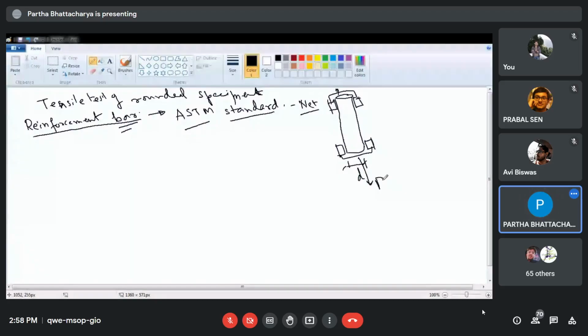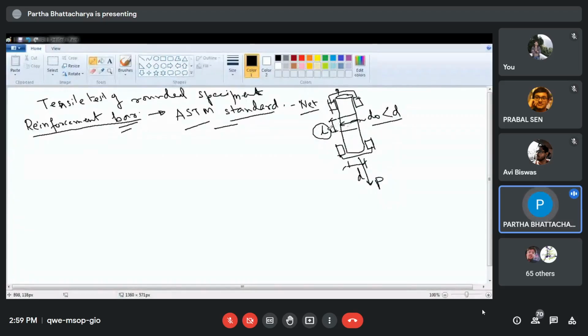Now, in this particular specimen, there is a particular section. Suppose this section length is L. The diameter of this section, D naught, is less than D. The relationship of D naught and D is specified as per ASTM standard, as well as the length of the test section.